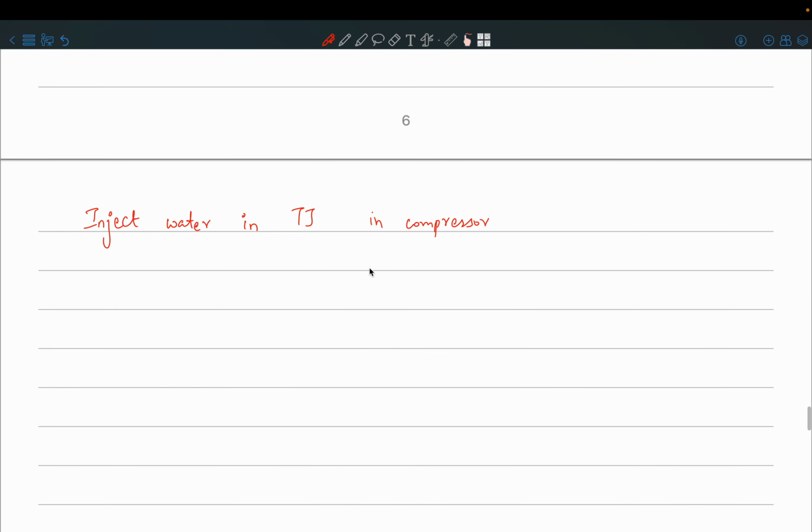Or what happens if I inject it in the combustor stage? Usually what we inject is water plus methanol. So go and read about this or think about this. If you like, you can try and answer it right now. What will happen if you inject water?